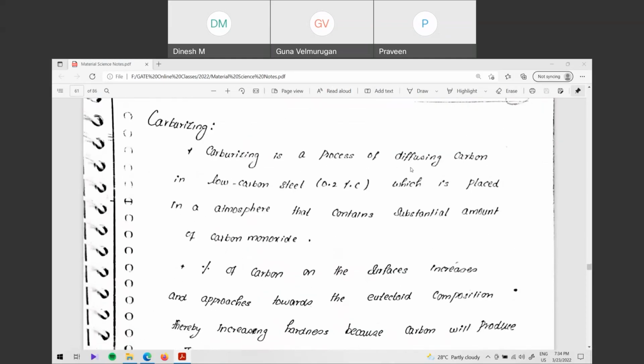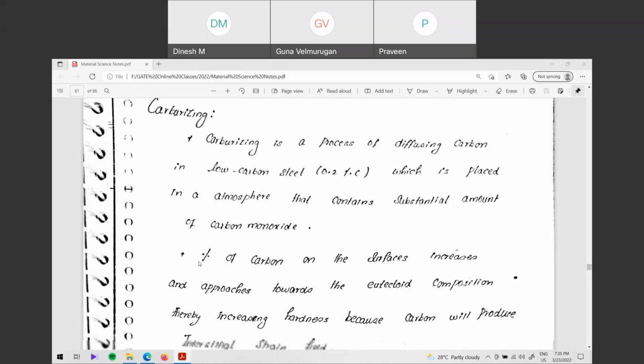Carburizing is the process of diffusing carbon into low carbon steel, which is placed in an atmosphere that contains a substantial amount of carbon monoxide. You are putting this material in the carbon environment. How do you put carbon? You have carbon monoxide around it. So the carbon will be diffusing into the material that you have placed. As the carbon is diffusing, the hardness is increasing. Okay.